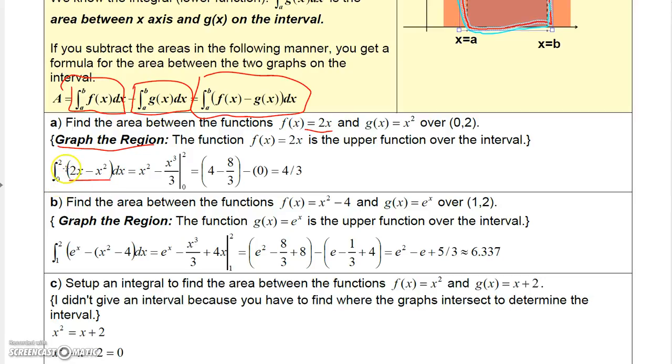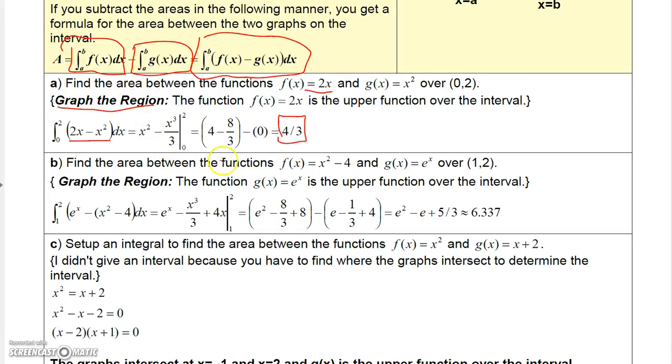You know how to evaluate that integral, so I'm not going to get lost in the evaluation. Evaluate this definite integral and you get 4/3. If you get it backwards, if you do x squared minus 2x, it's going to give you the opposite answer.